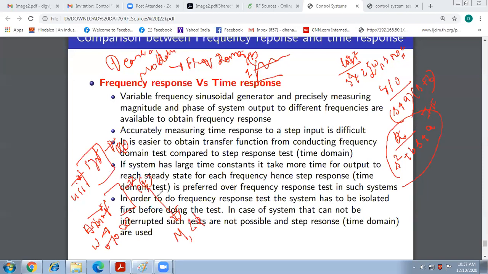So I am collecting magnitude and phase angle phi for each frequency omega, and here I will get something like this. From here I can find out very easily where the likely corner frequencies exist.